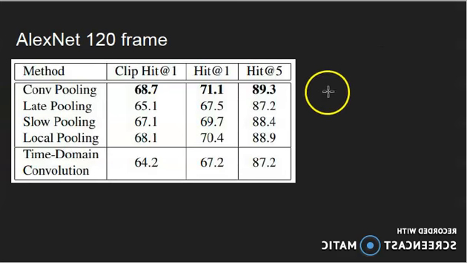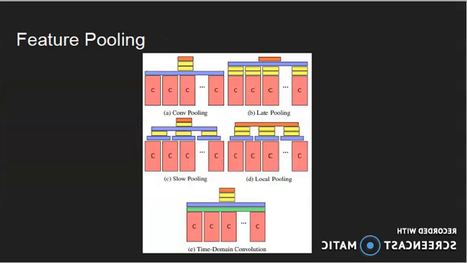It hit the highest in all 3 hits, 68.7, 71. Convolutional pooling is different from other types because it performs feature pooling directly after the convolutional layers, and because of that, the temporal significance is preserved as much as possible. In comparison, the others didn't preserve temporal significance as much. Because of that, the accuracy was better.